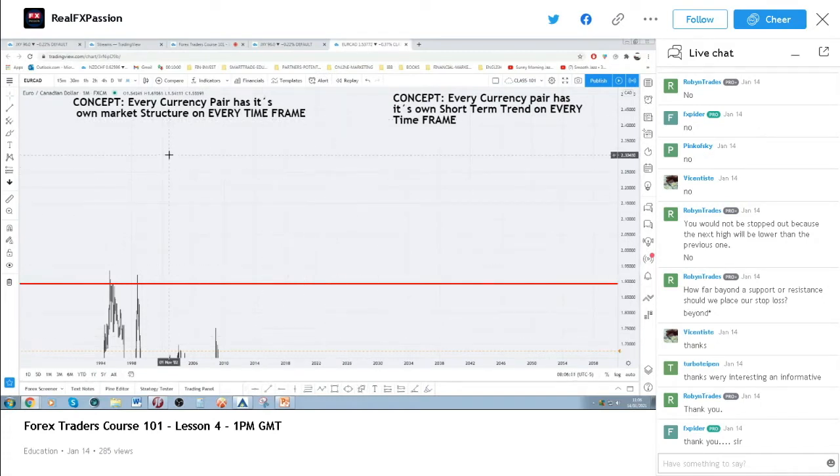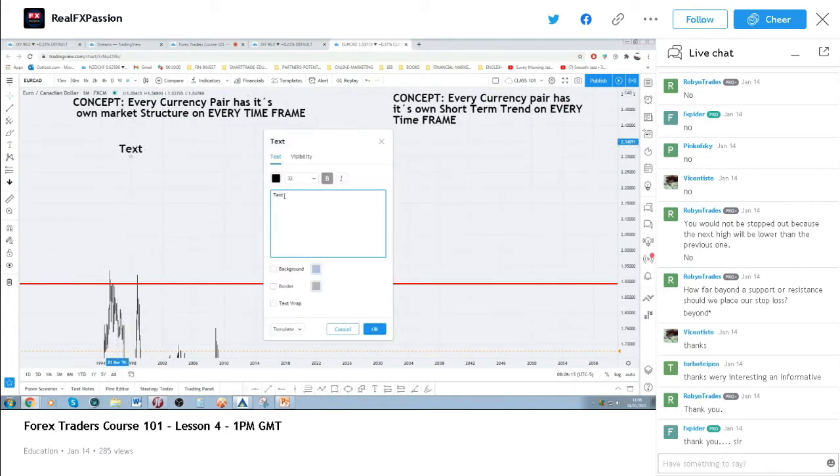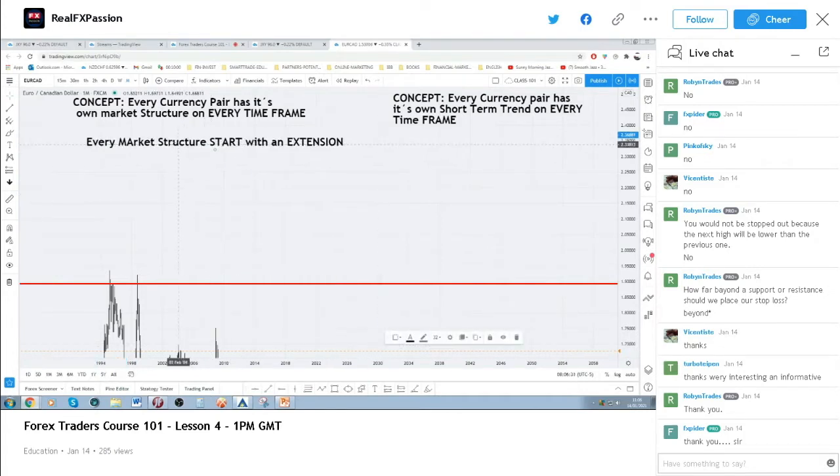So, and one more, right? One more. Every market structure starts with an extension. Okay, this is going to help you.